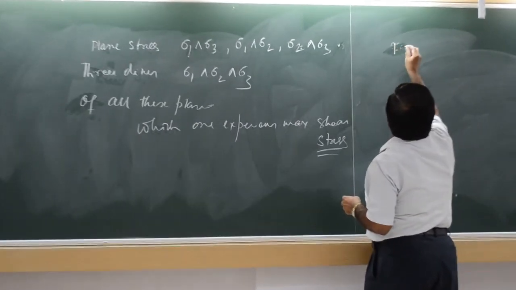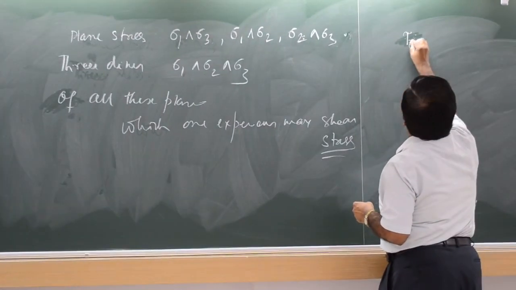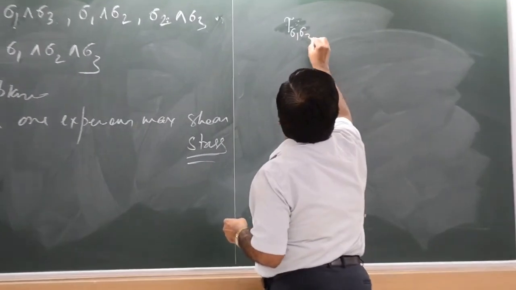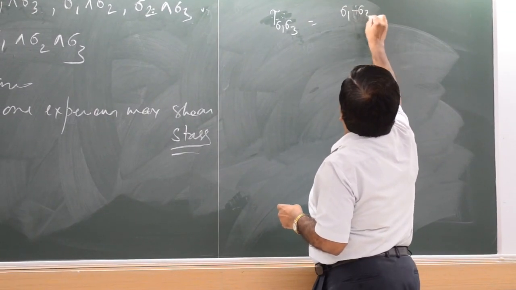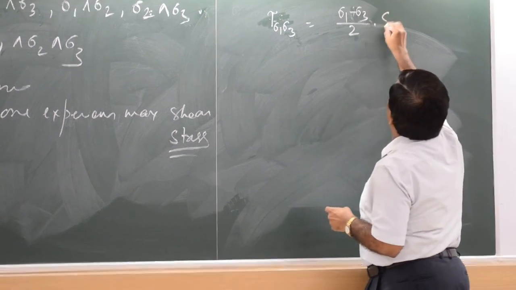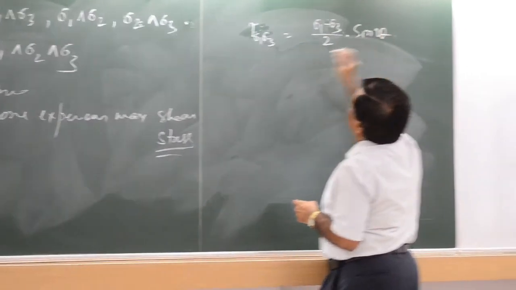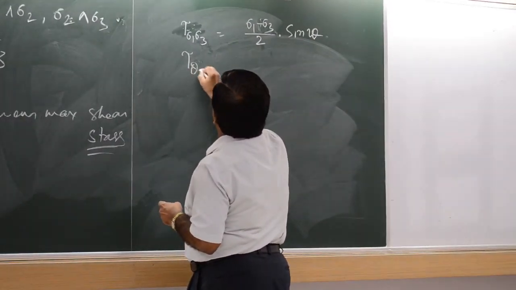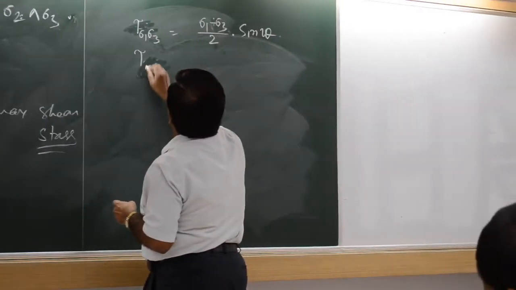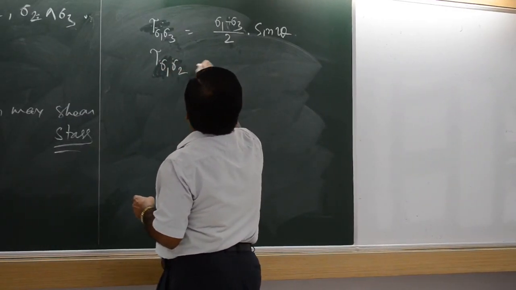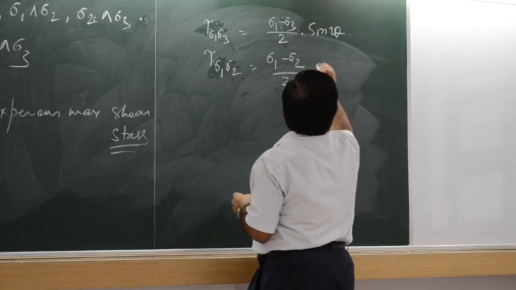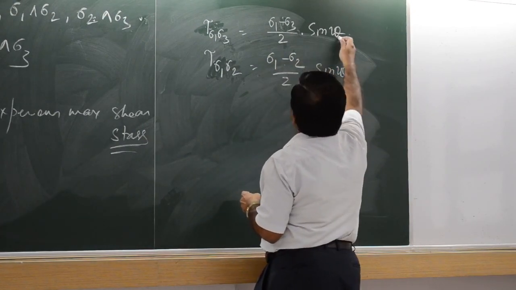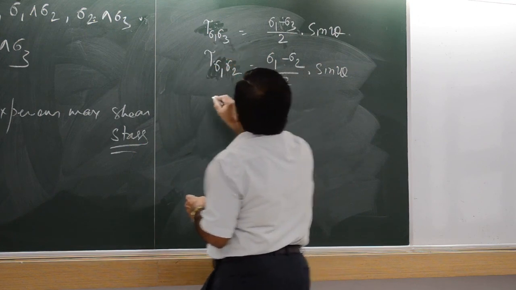The equations are like this, tau. Because if I just say remember, you can never realize these things. Give me some time. This theta is between sigma 1 and sigma 1.